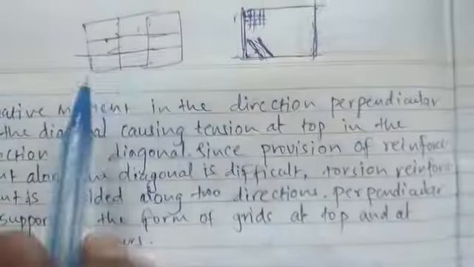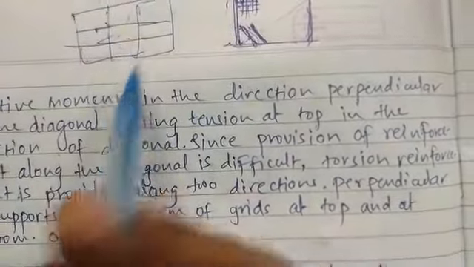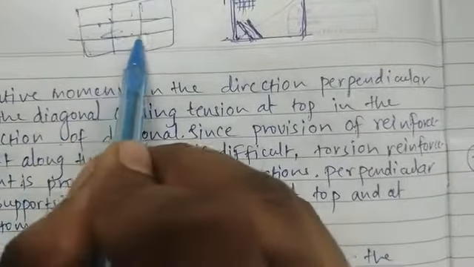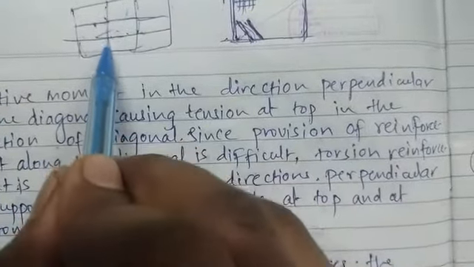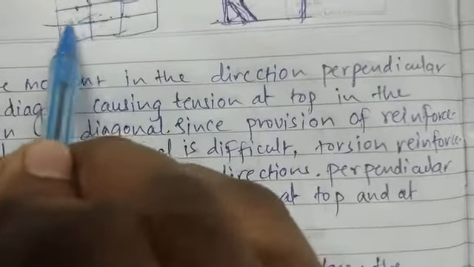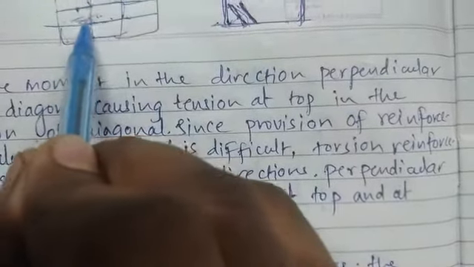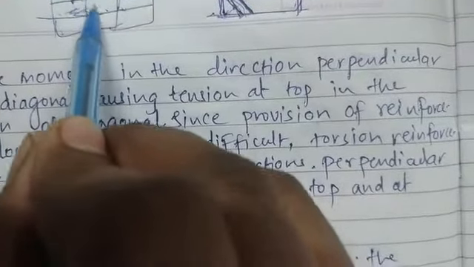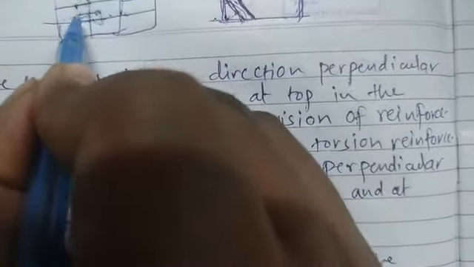now if you are designing these panels of slab, now if you consider this internal panel, you can see that this edge is continuous in this direction as well as in this direction. So it is continuous in both the directions.